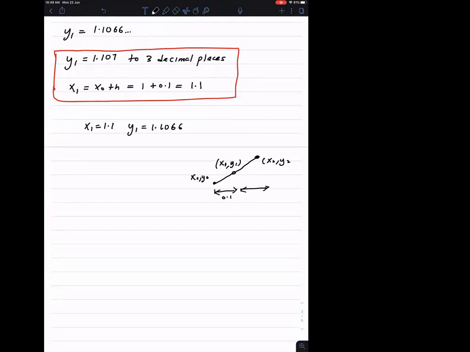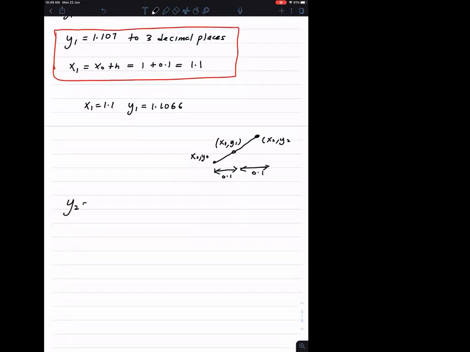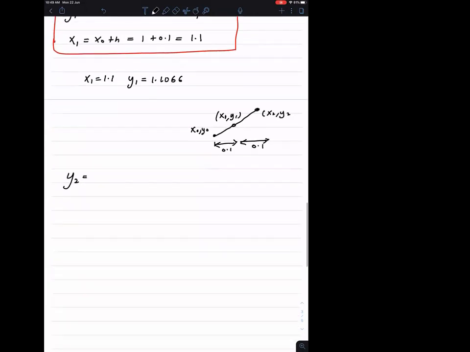Step from here to here is also 0.1. y2 is equal to y1 plus h. So you're not going to use y naught anymore because you already found this value. To be able to find the next value, you are here now. Earlier you were here. Right now you are here.